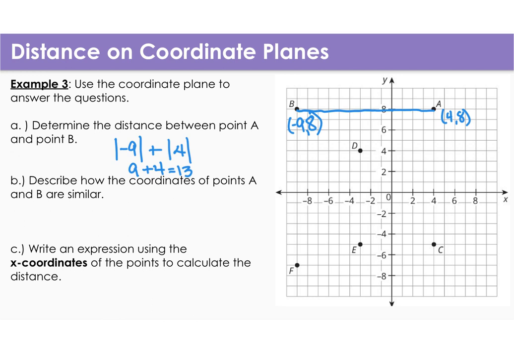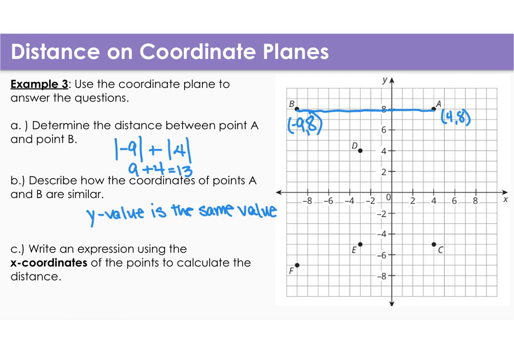So describe how the coordinates of A and B are similar. So what is similar between A and B? I would say the y value is the same value. Do we see that? 8 is the same in both.